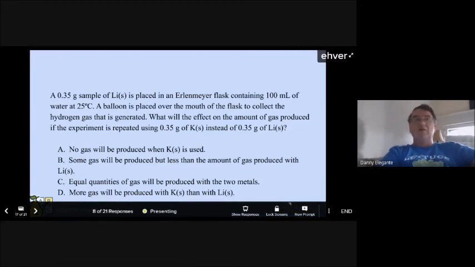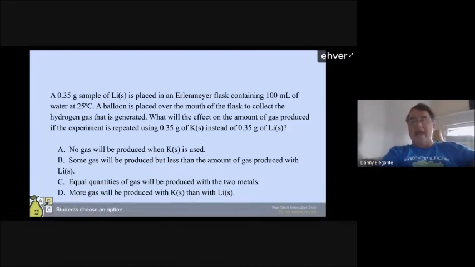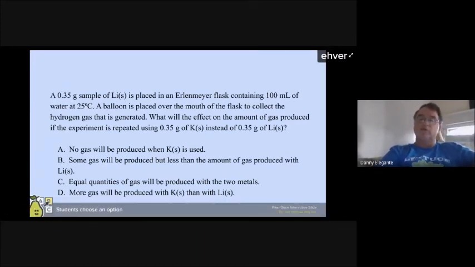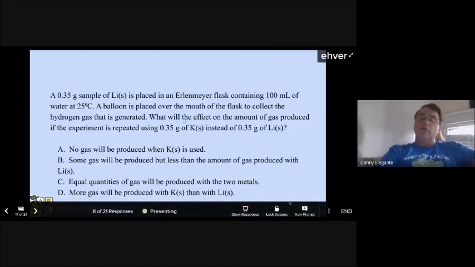So it's almost 7 or 8 times heavier than lithium is. So what it's asking is, who has more moles of chemical? The more moles of chemical you have, the more gas you will produce. So if you were to do some math with this, you would find that there's fewer moles of K because every K weighs a lot.